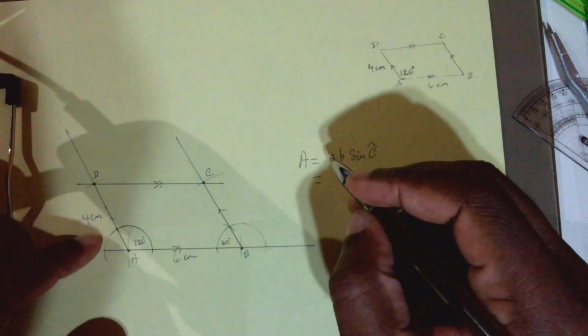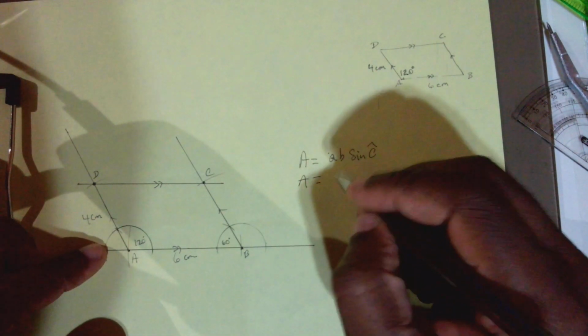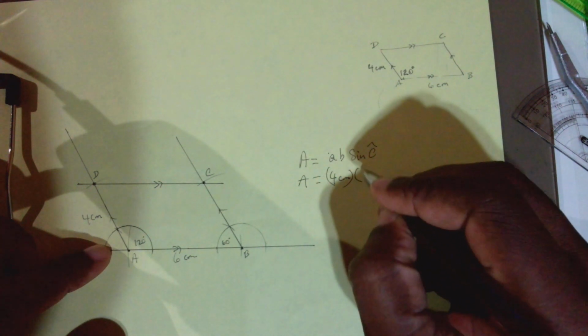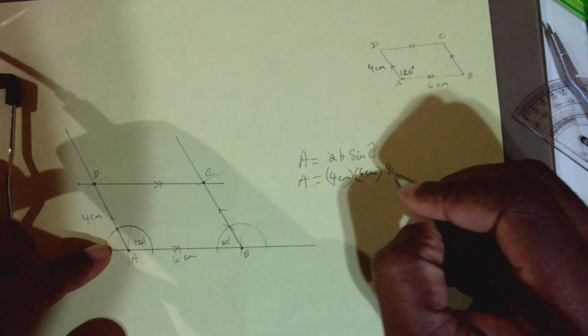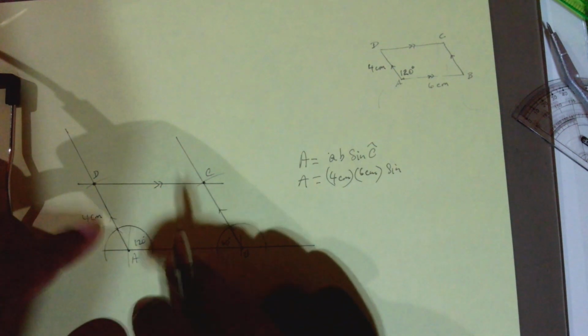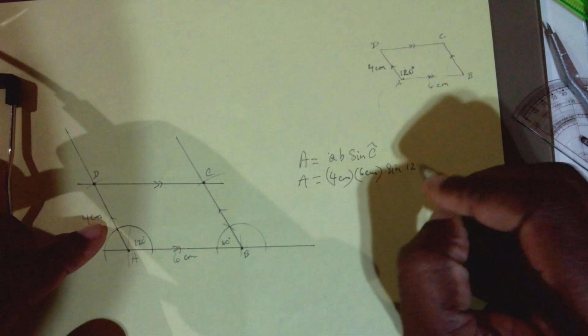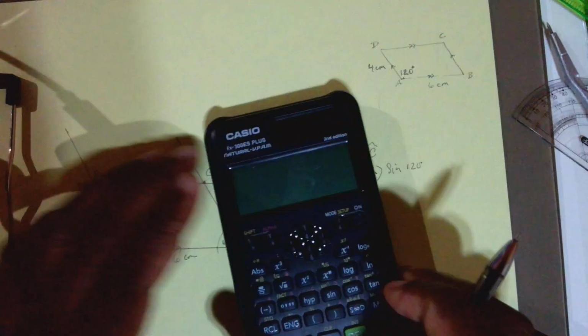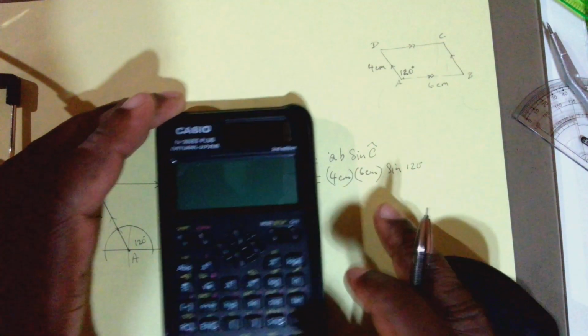So that will be A being 4 centimeters multiplied by B, which is 6 centimeters, multiplied by the sine of the angle in between those two sides, which is 120 degrees. And we're using our calculator for that. So we have 4 times 6, 24.